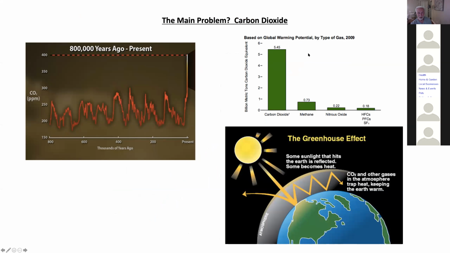And what is the main problem? It's carbon dioxide, by far. You've probably already all heard of the greenhouse effect. What is it? Well, it's caused by mainly carbon dioxide, but also other gases in the atmosphere that trap heat. So when the sun shines on the planet, some of the energy is absorbed, but a lot of it is reflected back out into space.